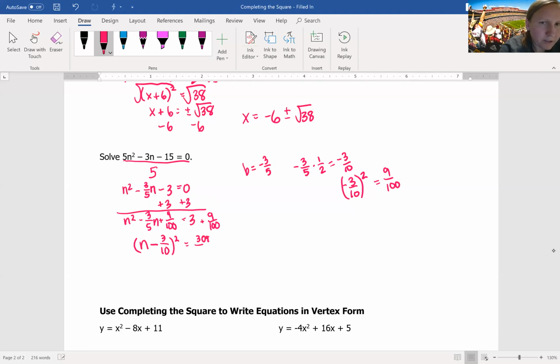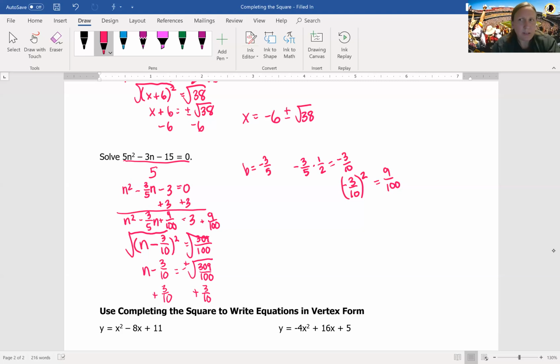So putting those together gives us 309 over 100. Now I can square root both sides. So n minus 3/10 equals positive or negative root 309 over 100. And then we can add 3/10 to both sides.